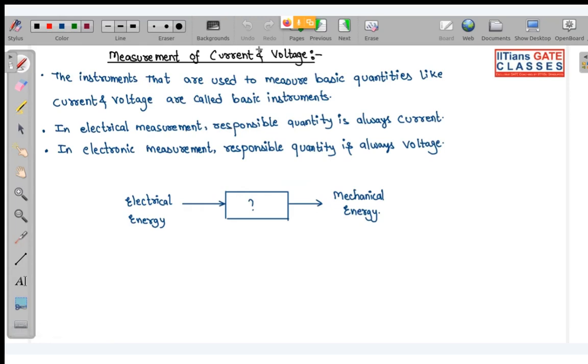Okay, so usually the basic principle in this basic instrument where we measure current and voltages is that we have electrical energy, and we convert it into an equivalent mechanical energy to show us the deflection. Now what is this known as, this instrument which converts electrical energy to mechanical energy? What do we call it?